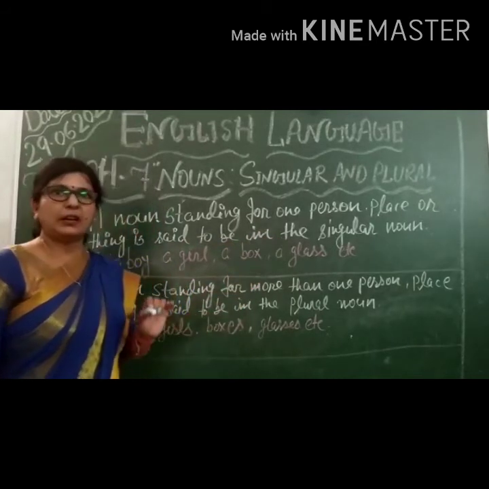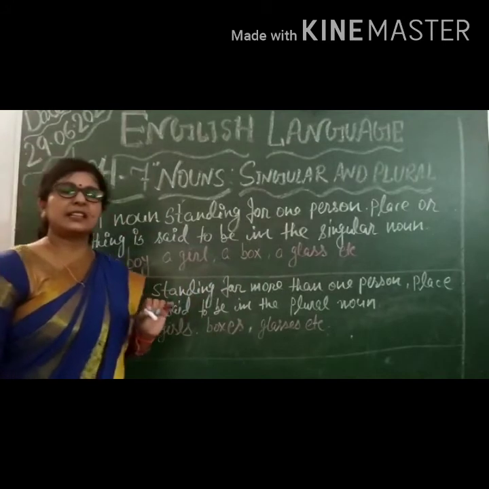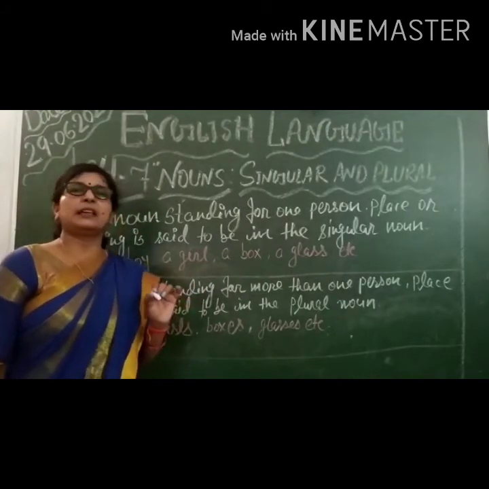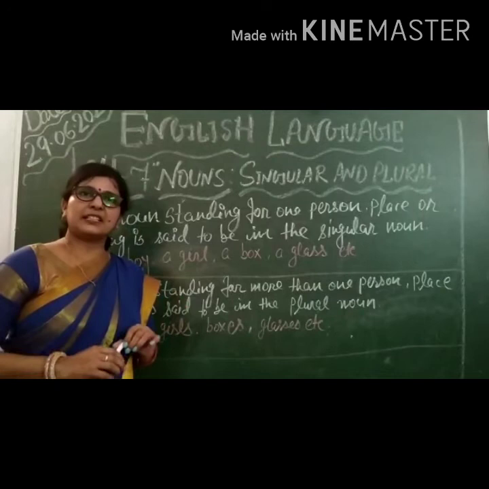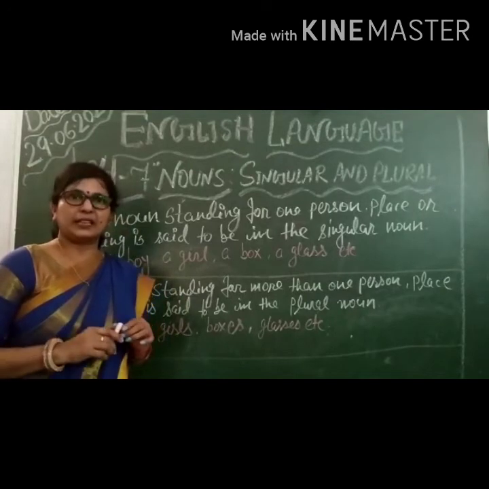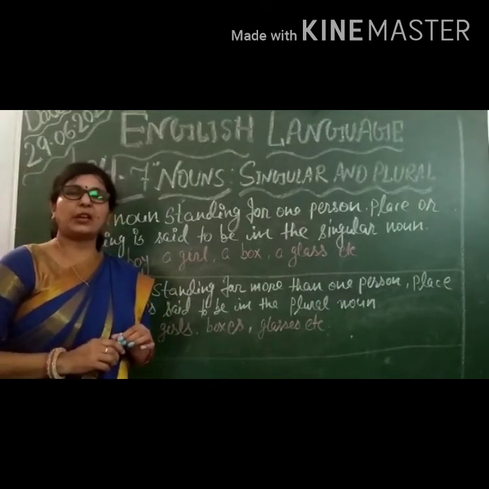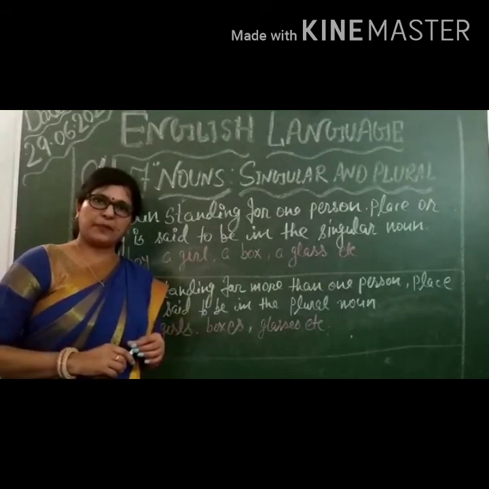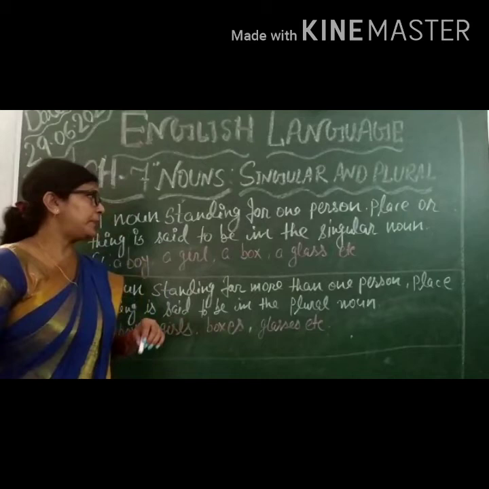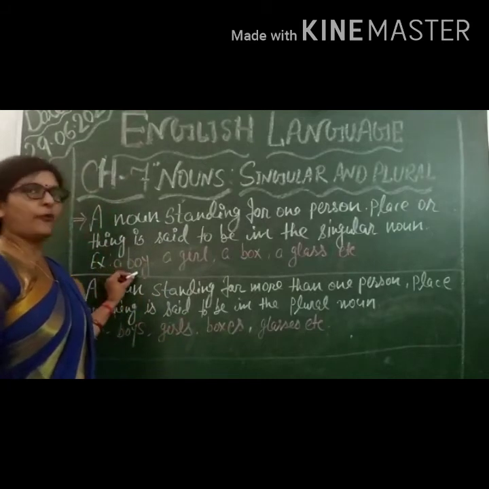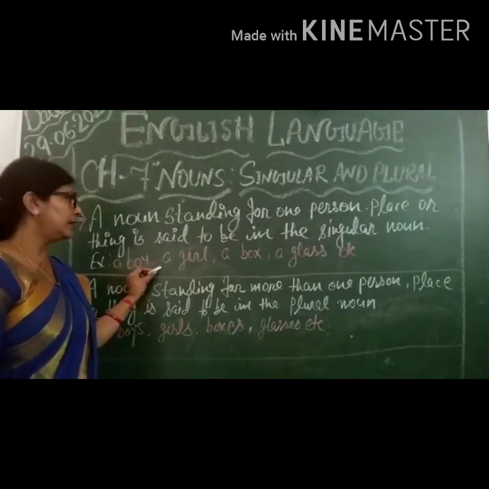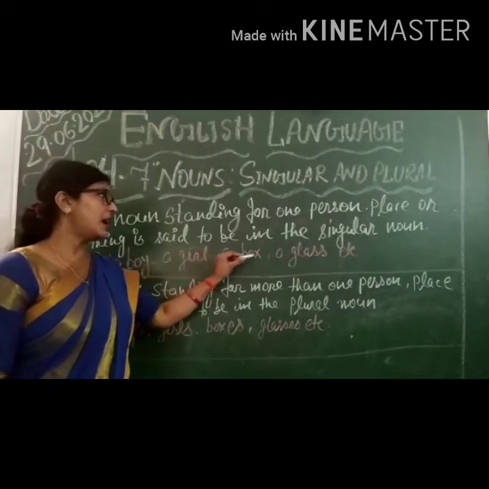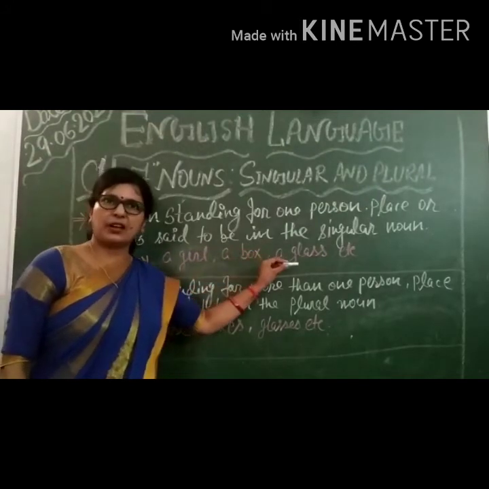A thing that is in a singular form means only one thing, one person, one place. All are known as singular form. For example, you can see here a boy, a girl, a box, a glass, etc.